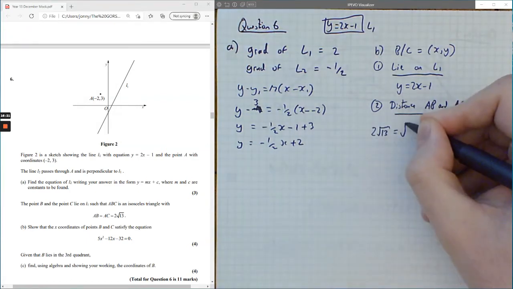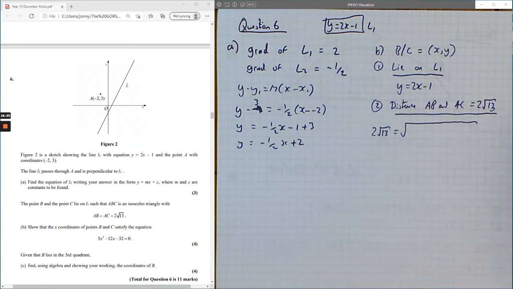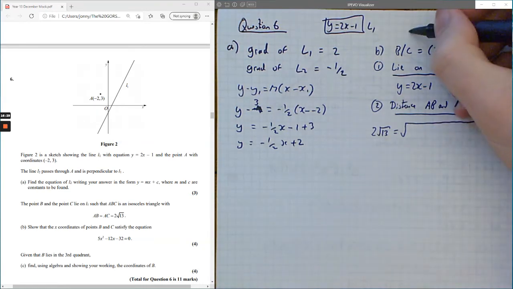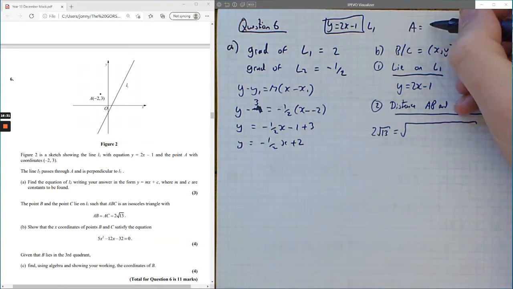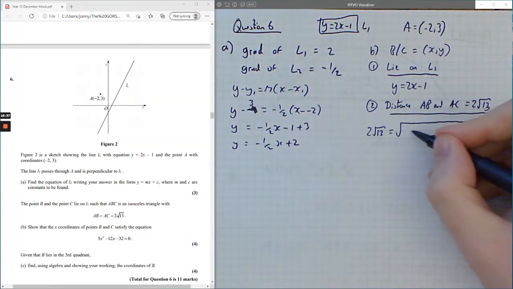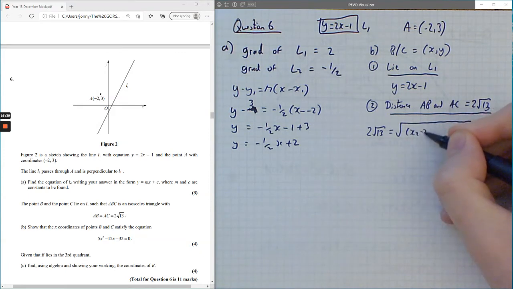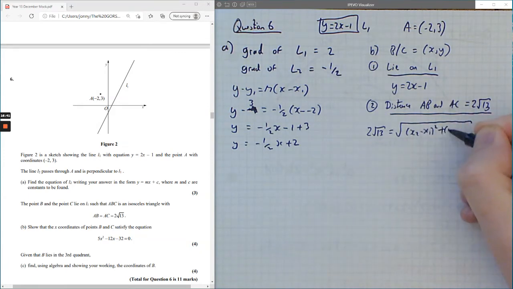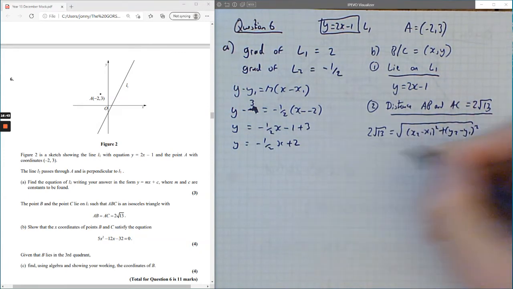2 root 13 equals the square root, and then we subtract the x coordinates and subtract the y coordinates. A, which I've not written down yet, was from the first part: minus 2, 3. So if we substitute in, maybe I'll write this out for you: x2 minus x1 squared plus y2 minus y1 squared.